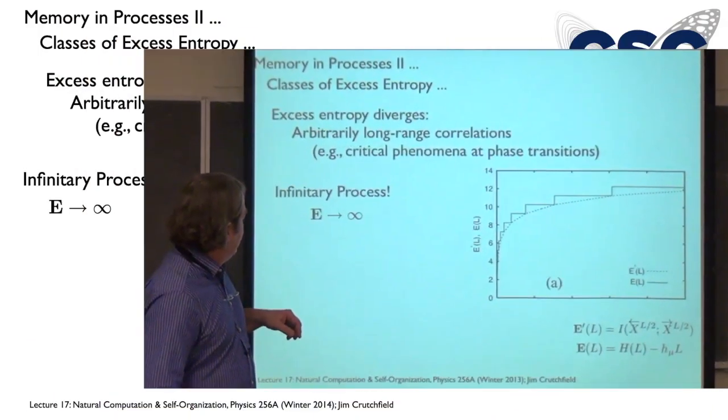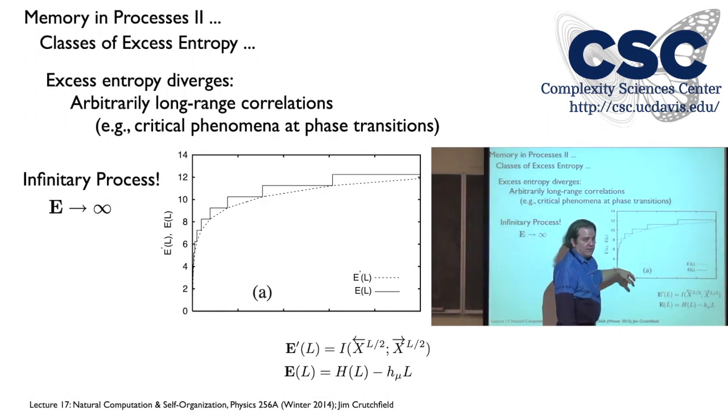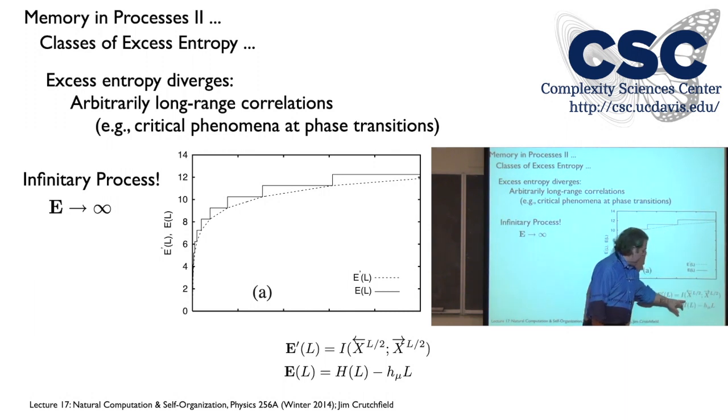Okay. So we can also look at approximations, given the analytical form we have, of the excess entropy, see how it diverges, try to convince ourselves this is an infinitary process. And so here I've got sort of the previous plots with the entropy convergence, 2 different statistics I could use to pull out the excess entropy at length L. So one is just this term that we're summing up to make the excess entropy.